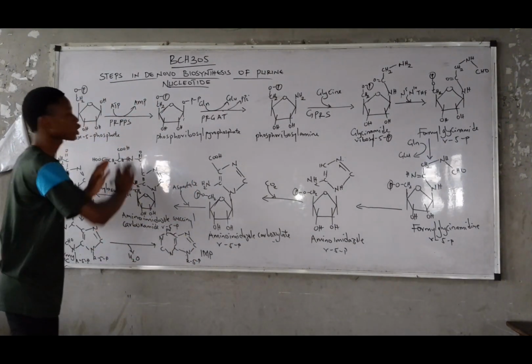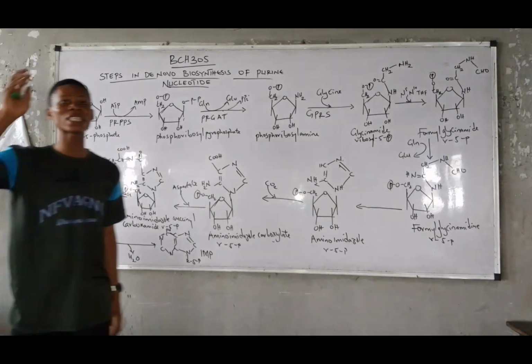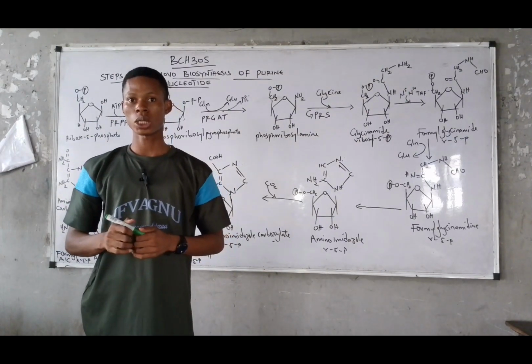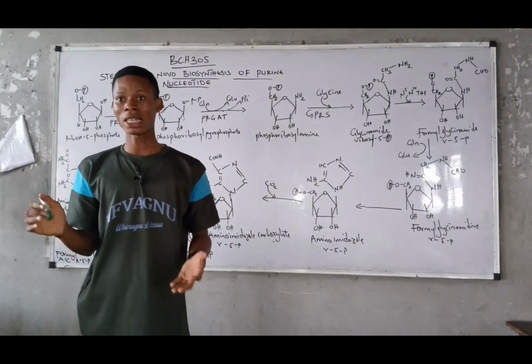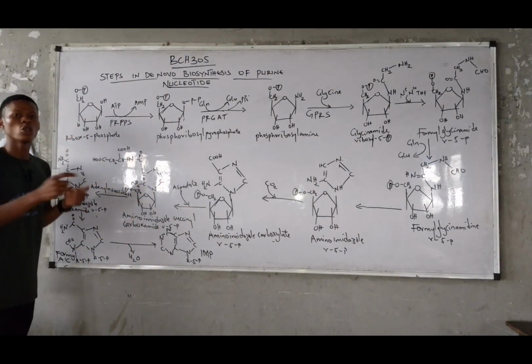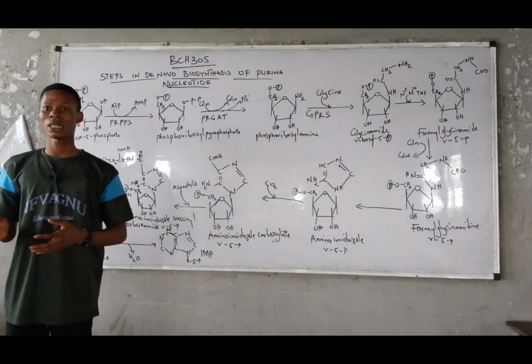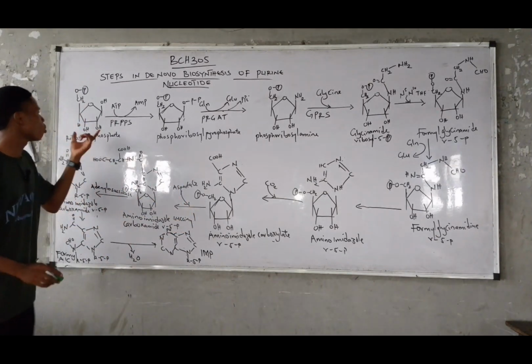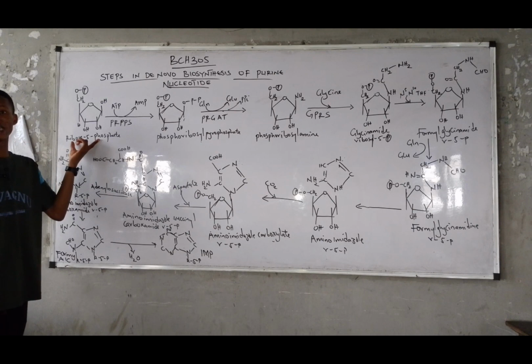Good. Now, let's look at how we synthesize that. The first thing is the activation of ribose-5-phosphate. That's not the first step, but that's the starting point. This is ribose-5-phosphate. You know, ribose-5-phosphate is already in the cell, can be gotten from the pentose phosphate pathway, is it not? Now, this ribose-5-phosphate is activated with ATP.